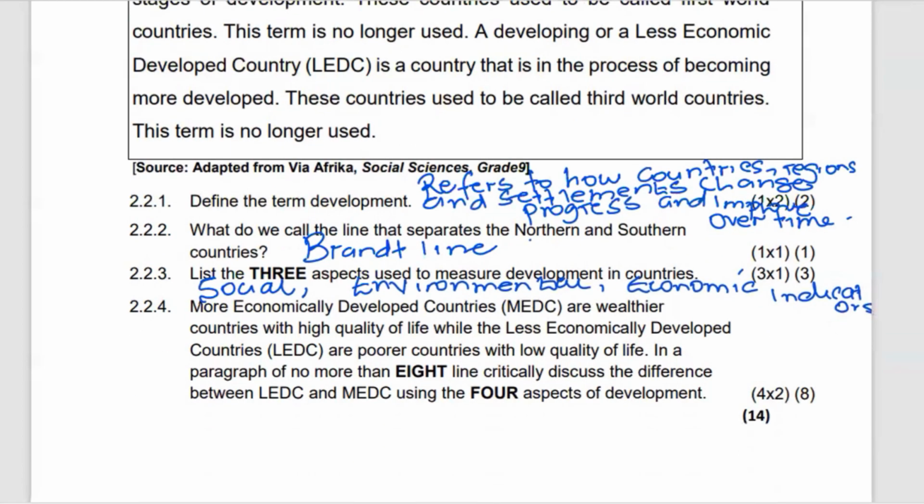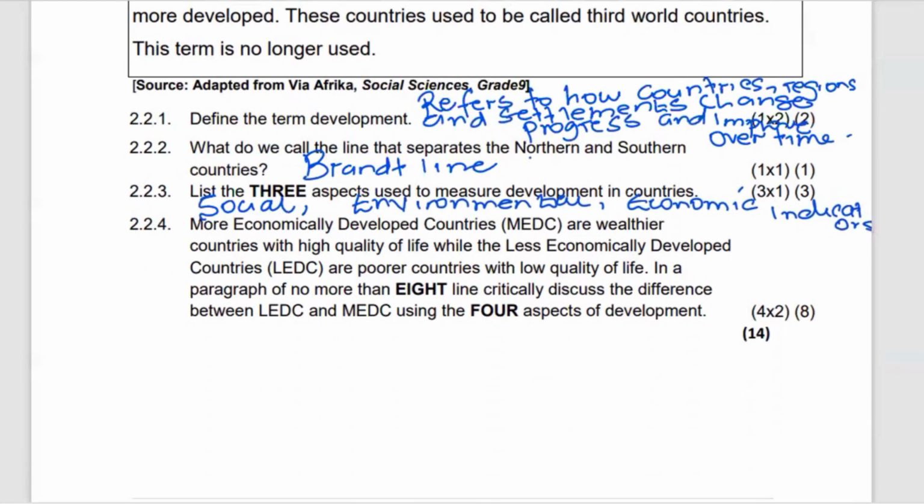Okay, more economically developed countries, those are the MEDCs, are wealthier countries with higher quality of life, while less economically developed countries, LEDC, are poorer countries with low quality of life. In a paragraph of not more than 8 lines, critically discuss the difference between LEDC and MEDC using 4 aspects of development.